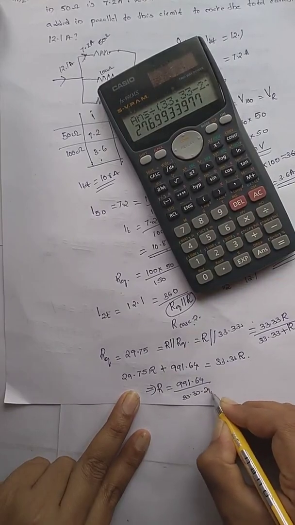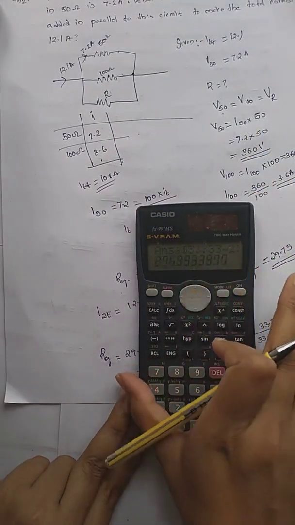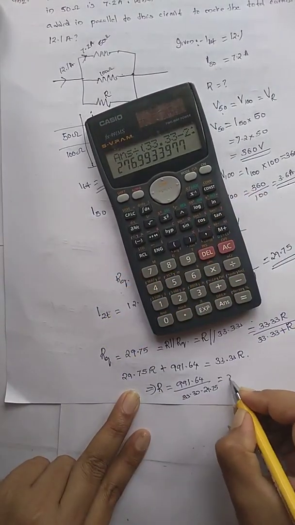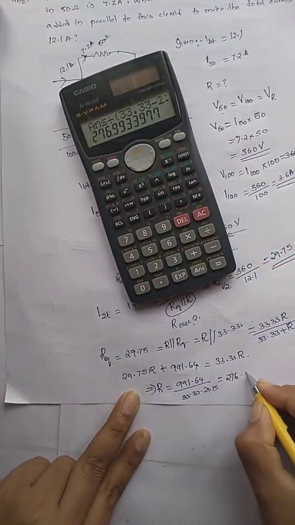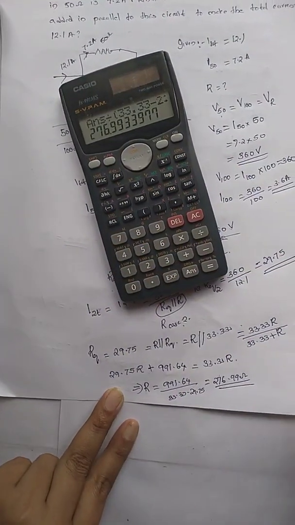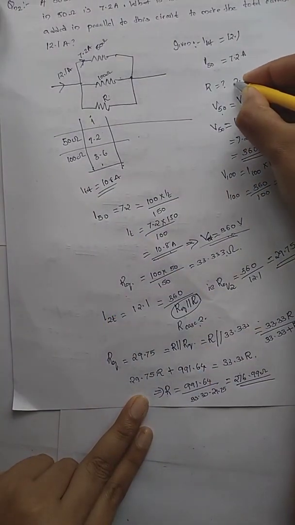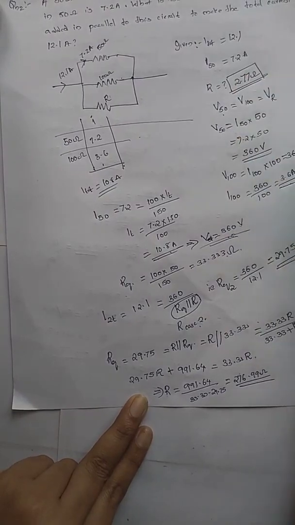So 276.99 ohms, or I should say my value of resistance is equal to 277 ohm. That is the answer, 277 ohm.